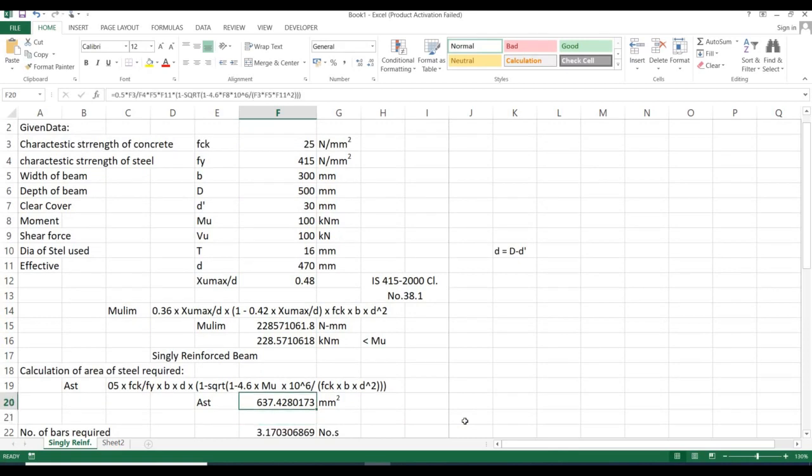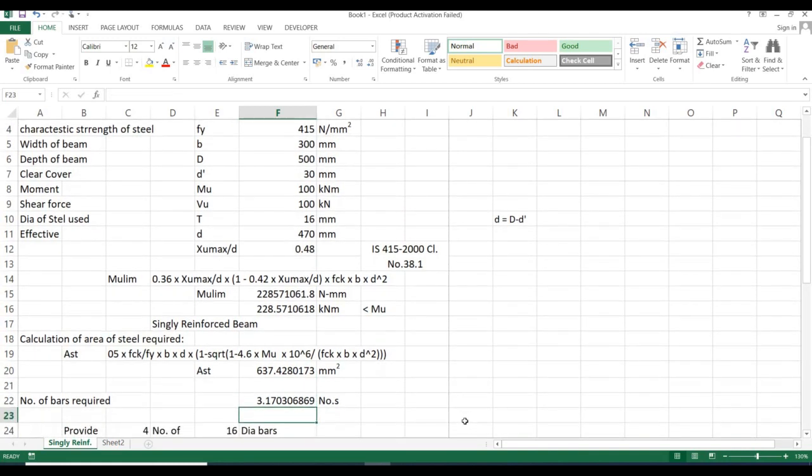So this is the amount of reinforcement required, that is 637.42 mm square. So how do we calculate the number of bars required? Number of bars is capital Ast divided by small ast, that is the area of steel required divided by the area of steel of a single bar.